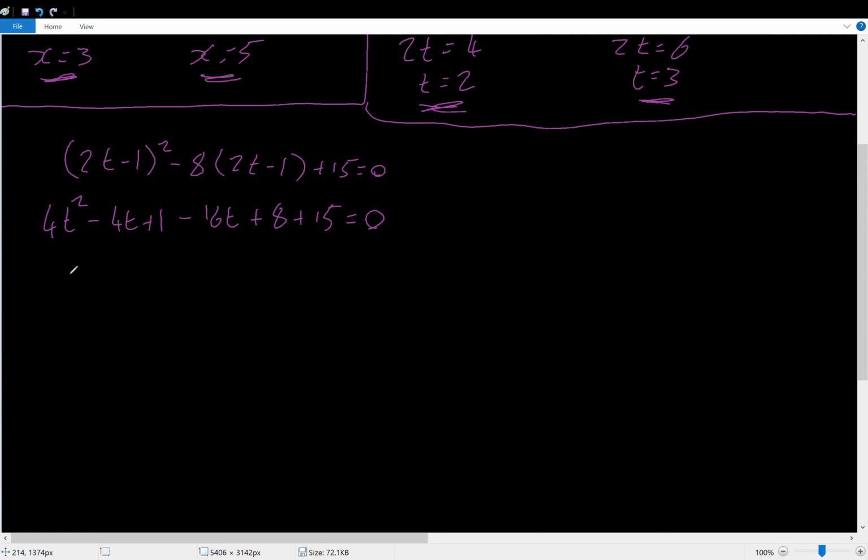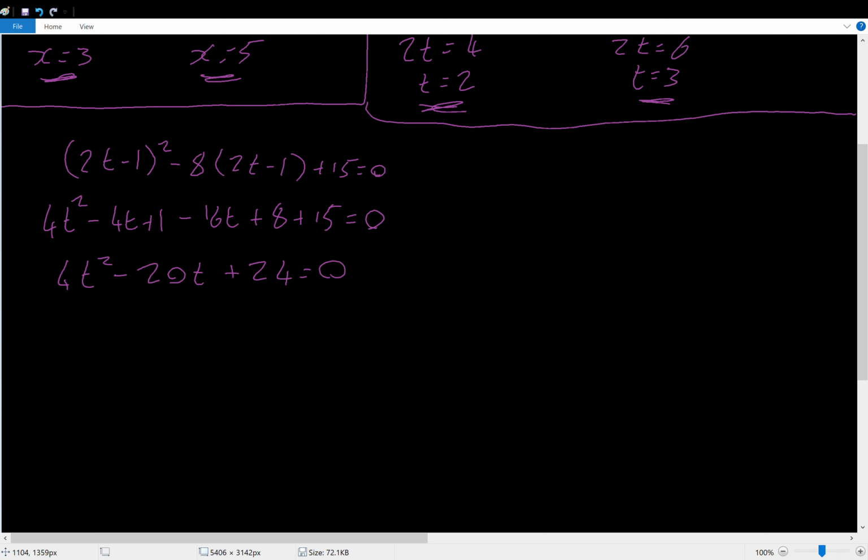So 4t squared is just going to stay as is. Minus 4t minus 16t is going to be minus 20t. And then 1 plus 8 is 9, and 9 plus 15 is going to be 24. So it's going to be plus 24.